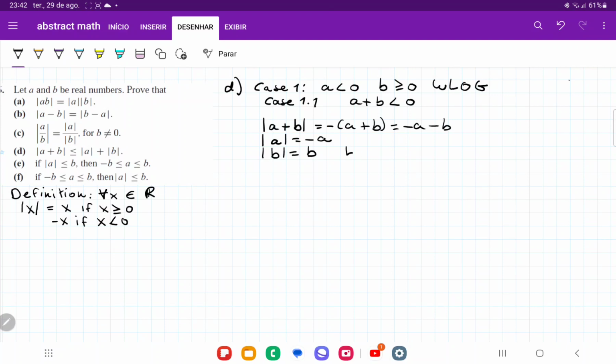Also B is greater than or equal to 0. So minus A minus B is definitely going to be less than or equal to minus A plus B.